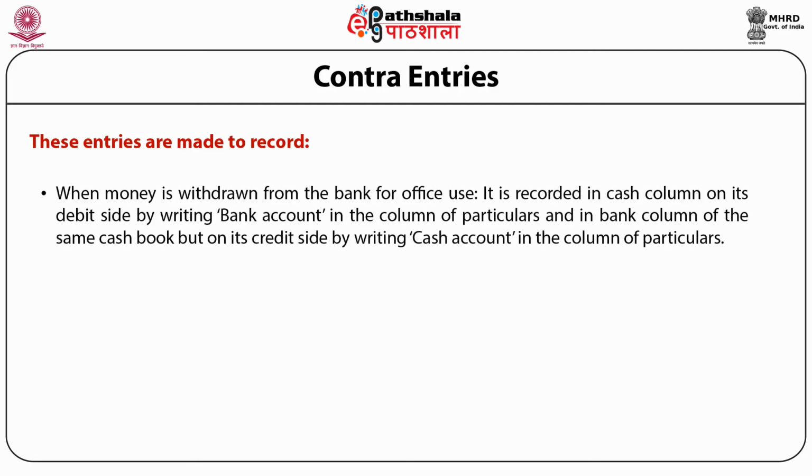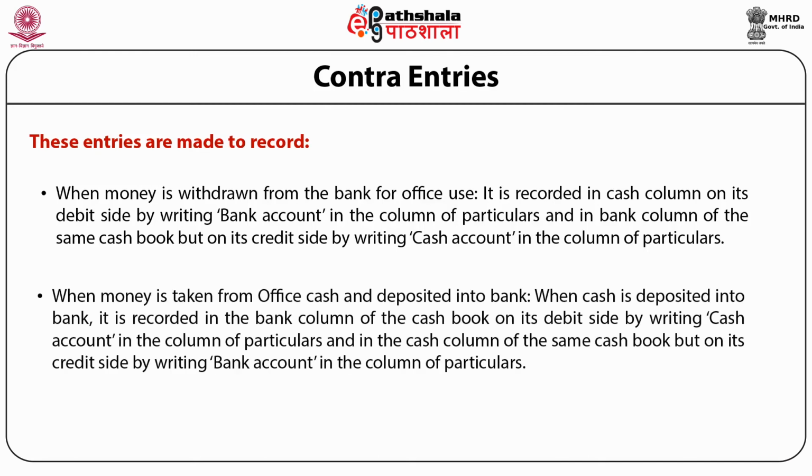When money is withdrawn from the bank for office use, it is recorded in cash column on its debit side by writing bank account in the column of particulars, and in bank column of the same cash book, but on its credit side by writing cash account in the column of particulars.